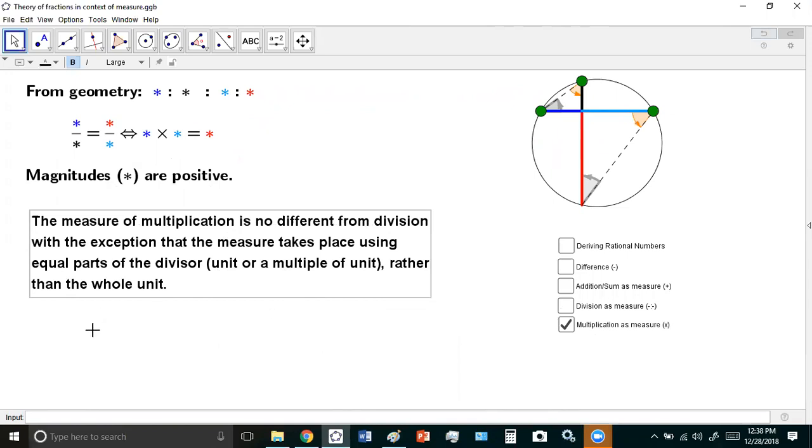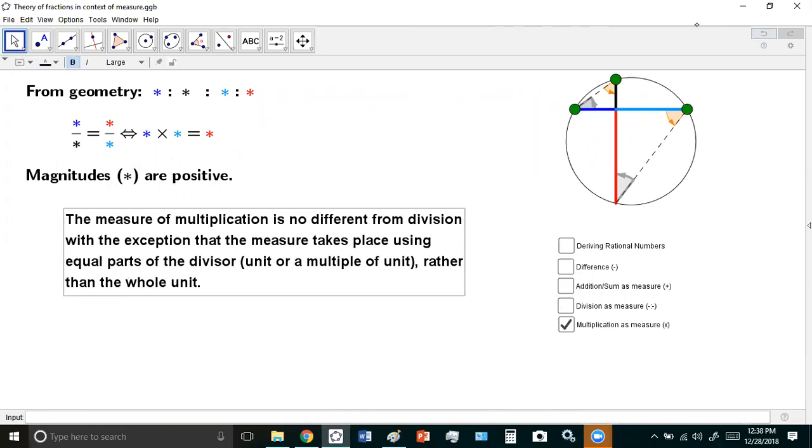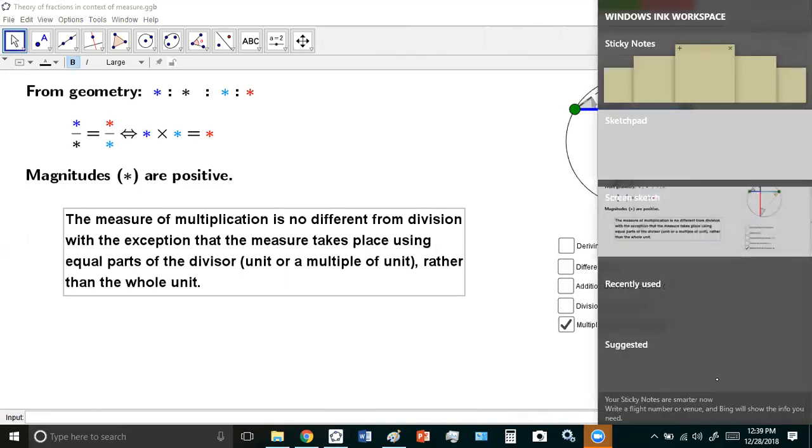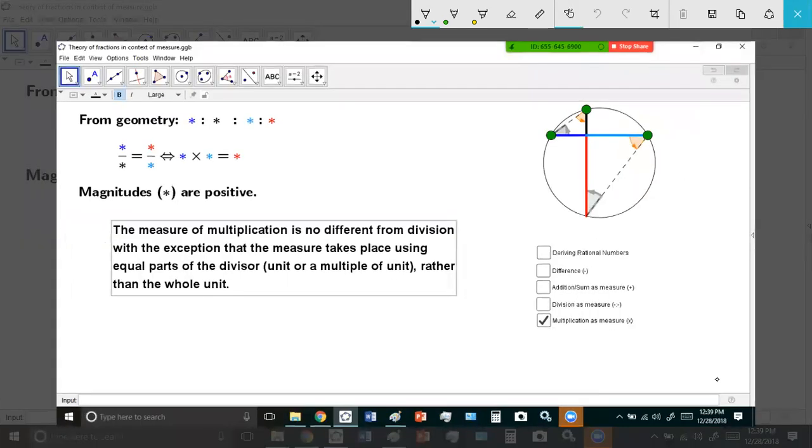Let's see an example. I need to draw on the screen again. So let's just get the screen up again. If we're going to multiply 2 by 3, let's say, okay. So let's say 2, which is like that, 2 units. And we're going to multiply that by 3.